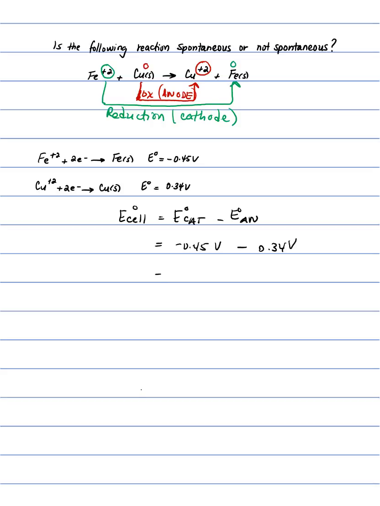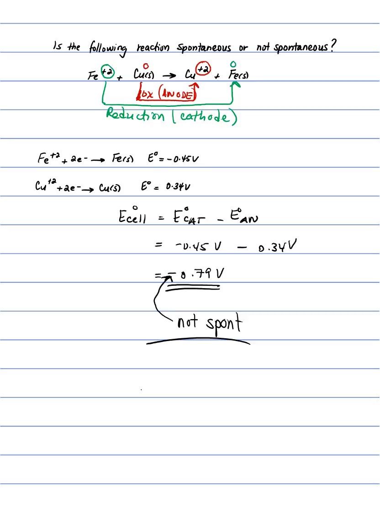So if you add these numbers in your calculator, negative 0.45 minus 0.34, that will give you negative 0.79. A negative cell potential right here represents a not spontaneous reaction.